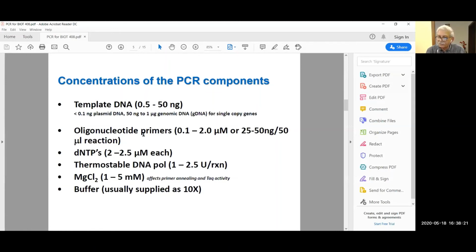And then what do we do? If we need 25 nanogram per PCR reaction, and if we take 1 microliter, it will be 1000 nanogram in there. Is it clear? Yes, sir.